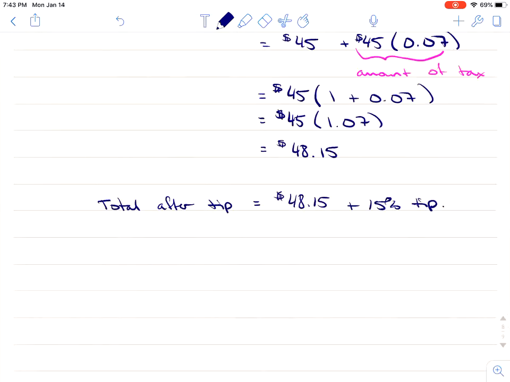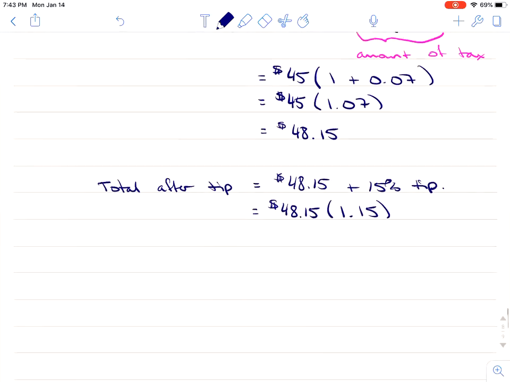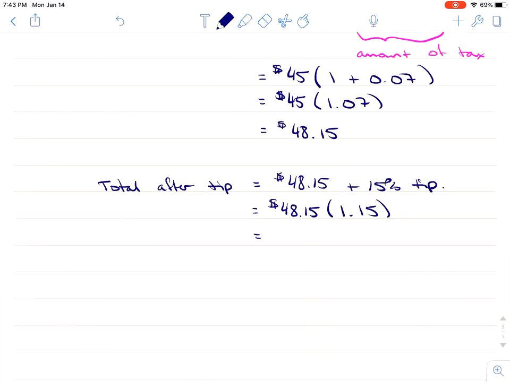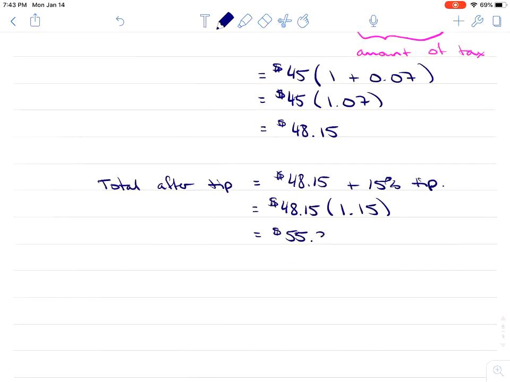Tool, I guess. So we say 48.15 times 1.15. Right, we can just jump straight to that to find the total amount. So we get 55.37.